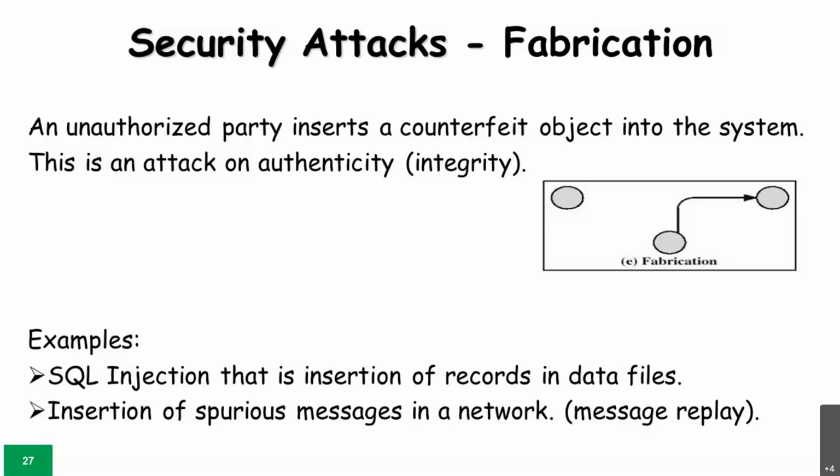It sends the data as if it were the sender. So the receiver thinks it has been sent by the actual sender, when the unauthorized person is the actual sender for the receiver here. So here is the attack on authenticity. For example, SQL injection, the insertion of records in data files. Or there is message replay, insertion of spurious messages in a network.